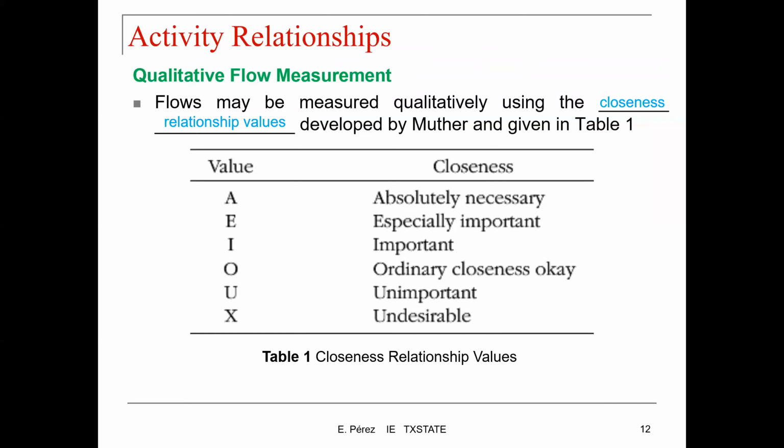Or to a dock for getting the trucks close to it so you can get the materials in a fast way. Those types of things can be specified using these relationship values. So if you need to have this department located close to a door, then you can use that A value that says this is absolutely necessary.